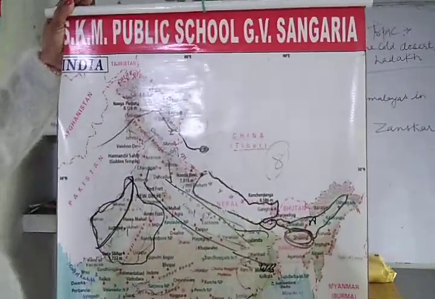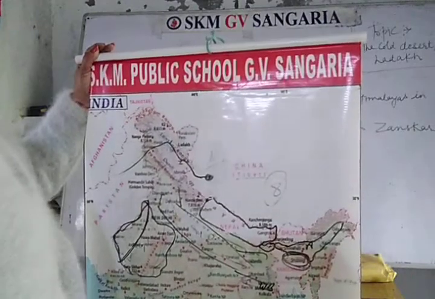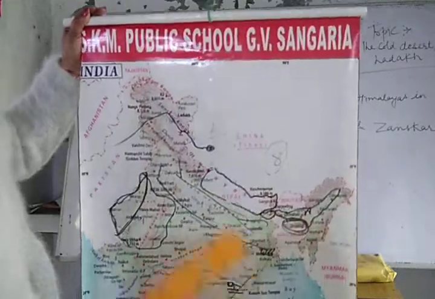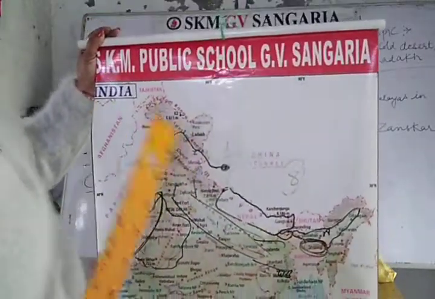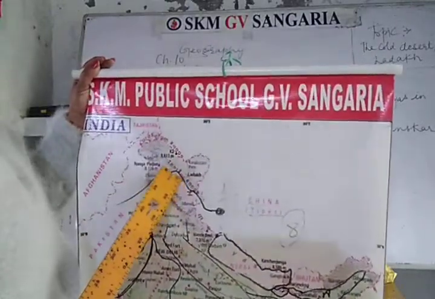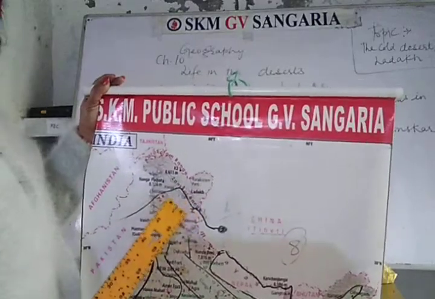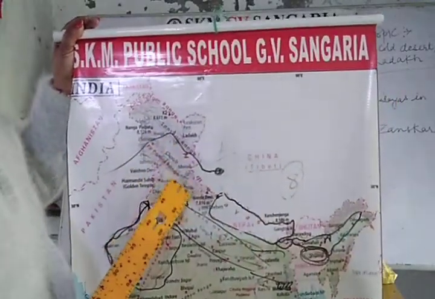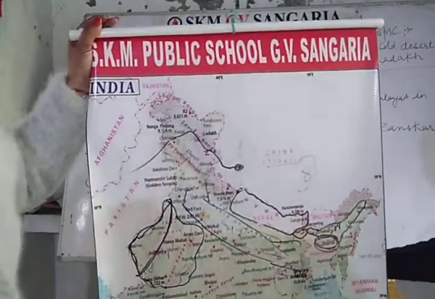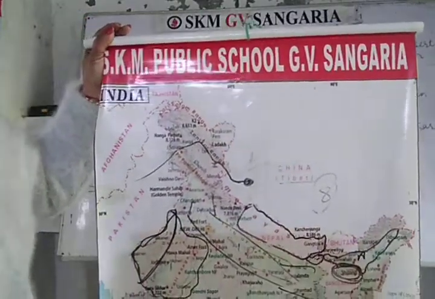Today we are going to learn about the cold desert, Ladakh, its geographical features. You will also take a map and show Ladakh and the Janskar Range in the India physical map. We will learn about its climate, flora and fauna, and the people.